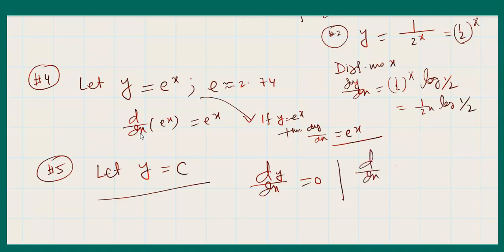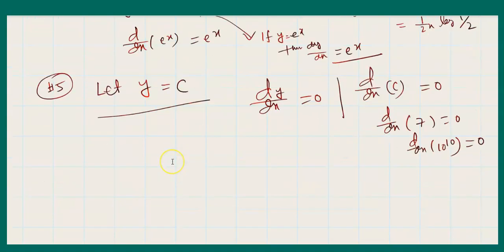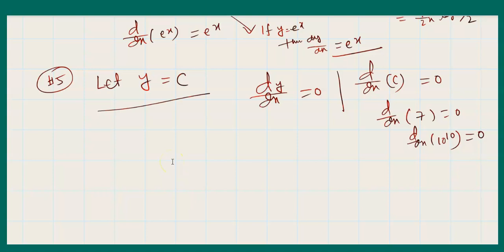Or ddx of c is equal to 0. You can write ddx of 7, that is 0. ddx of 10 to the power 10, this is also a constant, that is 0. Any constant, the rate of change of that function with respect to x is going to be equal to 0. So constant function derivative equal to 0.